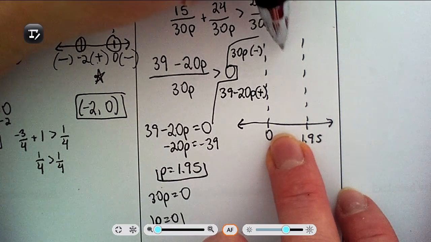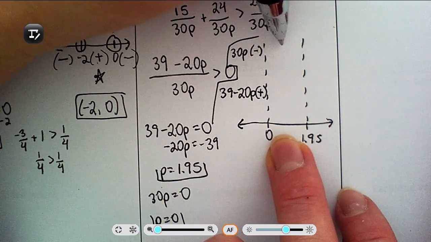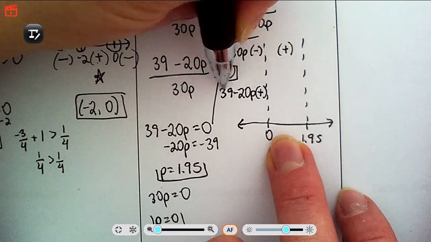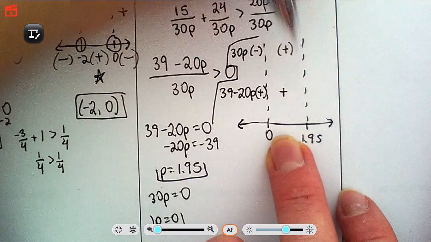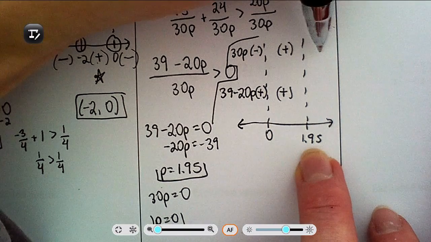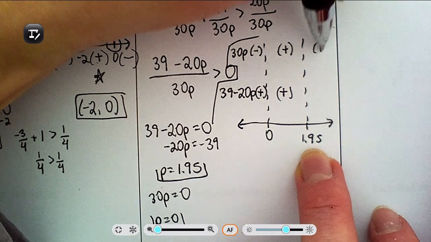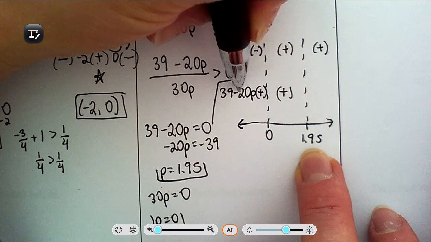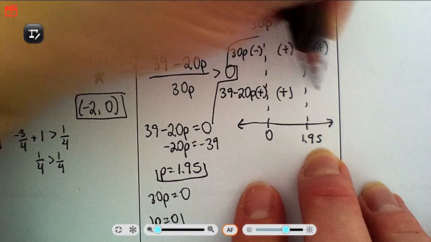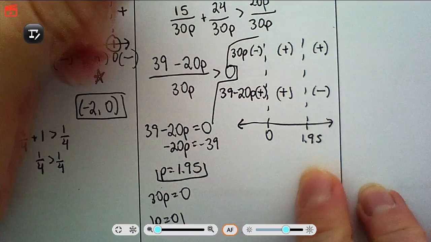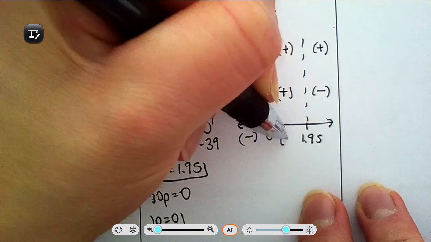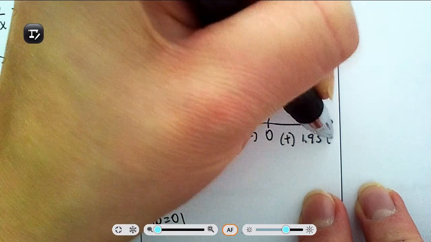Let's plug in positive 1. 1 times 30 is positive 30, and 1 times 20 is 20, and 39 minus 20 is positive 19. Let's plug in something like 2. 30 times 2 is 60, that's positive. And 39 minus 40, which is 20 times 2, 39 minus 40 is negative. Okay, now let's multiply vertically. Negative times a positive is a negative. Positive positive gets us a positive. Positive negative gets us a negative.